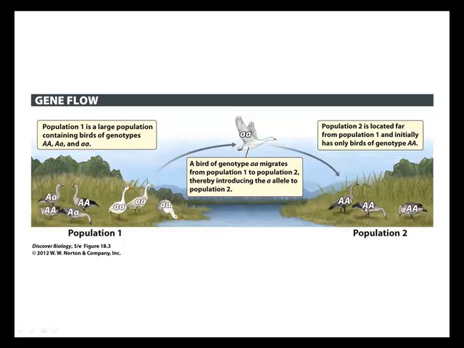So what gene flow is, it's any time that you have interbreeding between two different populations. And that's key. It needs to be two different populations. And when that happens from population 1 to population 2, the two populations become more similar to one another. You're basically spreading the genes out, moving from 1 to 2. And that's gene flow. So that causes a change in this population right here.